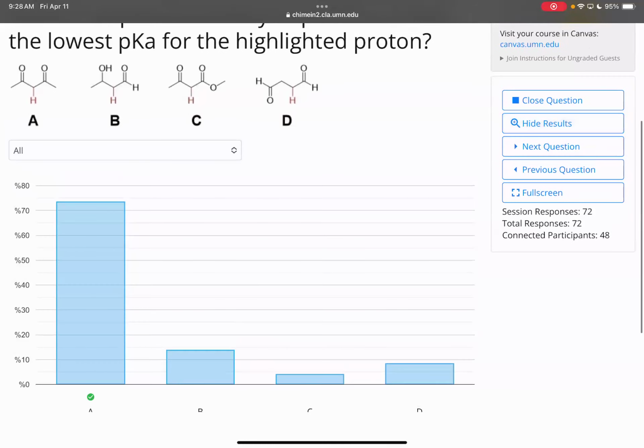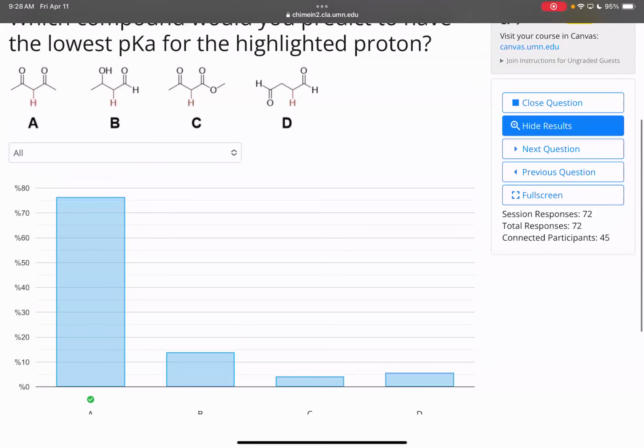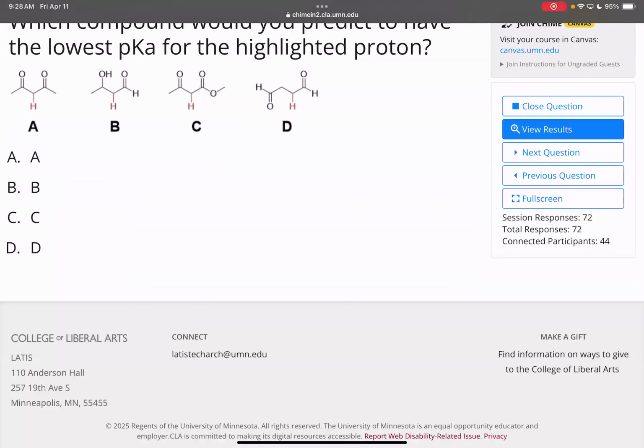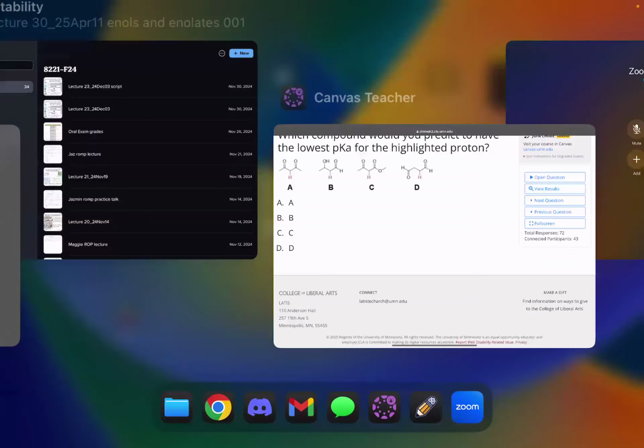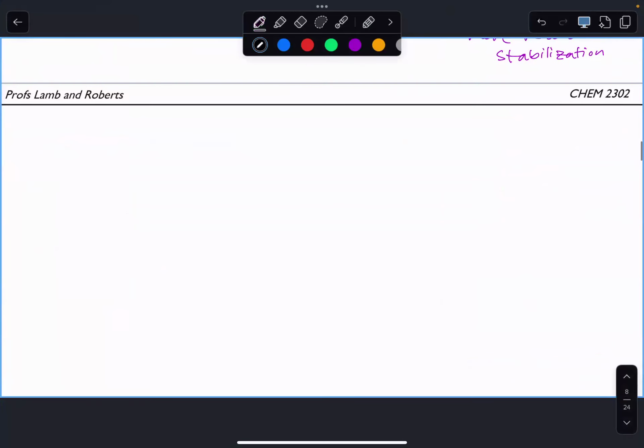So there's some confusion here, which is not surprising. Again, this is a very challenging concept. Okay, let's talk through this real quick to make sure we're all on the same page. Okay, so we had 4 options here.